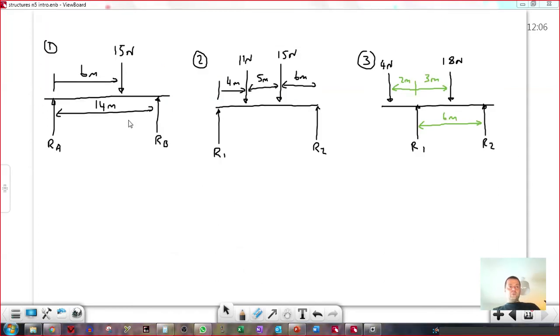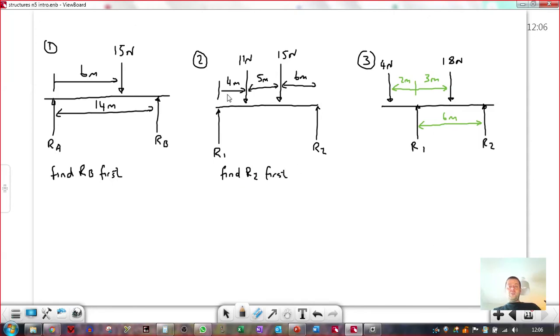Right, okay, so these are the 3 questions I want you to do. The first one is almost identical to the one I did. I'm going to add in just a little detail: find RB first. In this one, I'm going to say find R2 first.